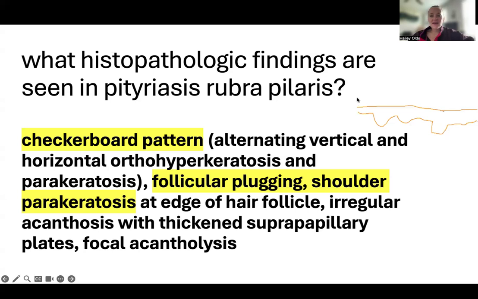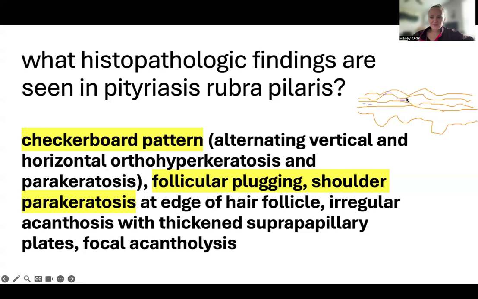And then this is your stratum corneum that I'm drawing now. Beautiful, I know. And then I'll change the color to show you how the parakeratosis is alternating horizontally and vertically. So you might have some parakeratosis here, then some up here, then some down here.